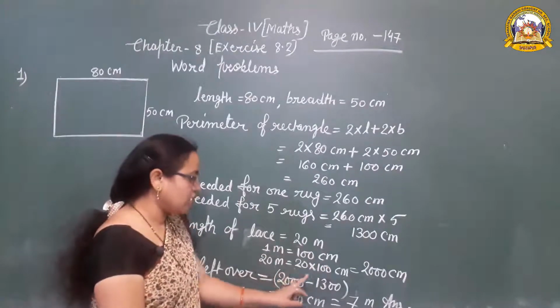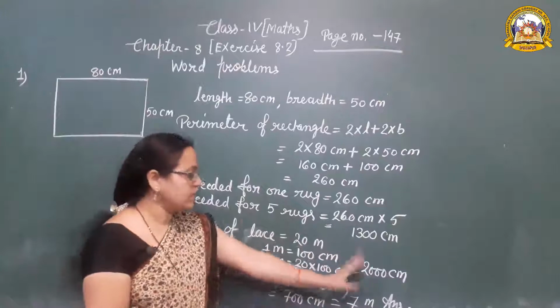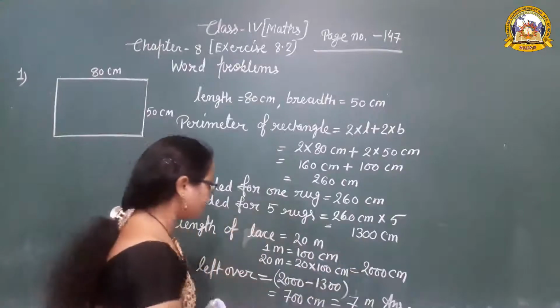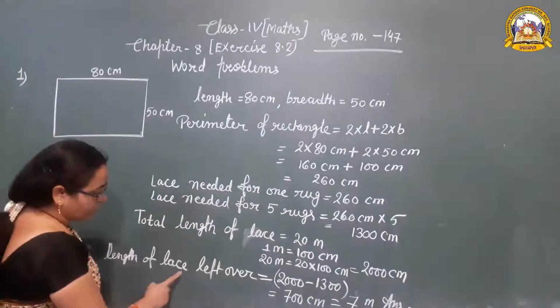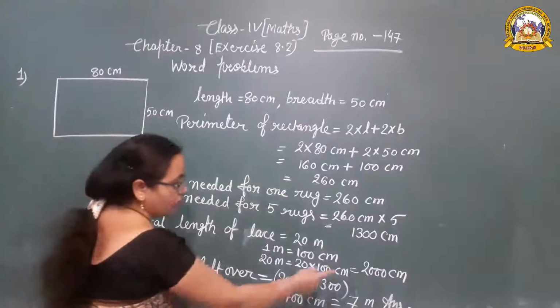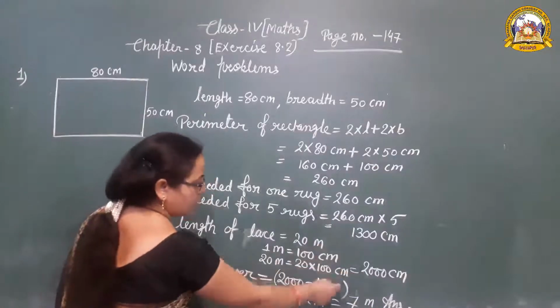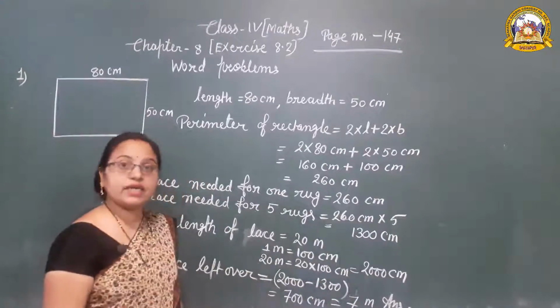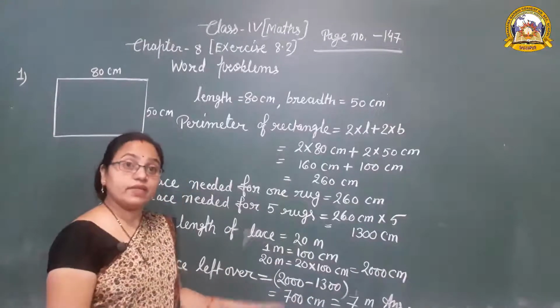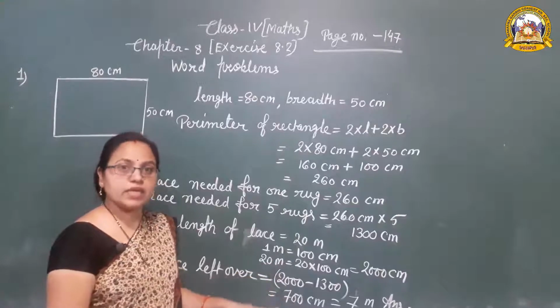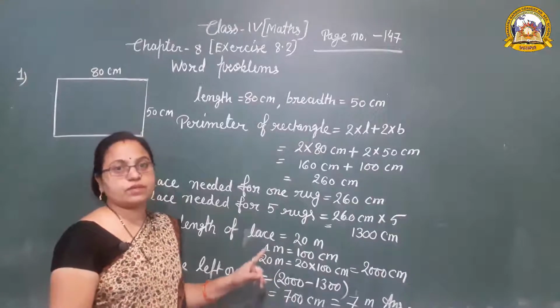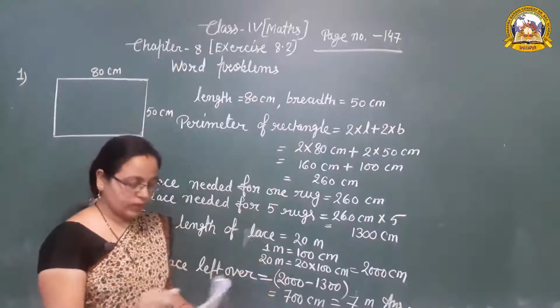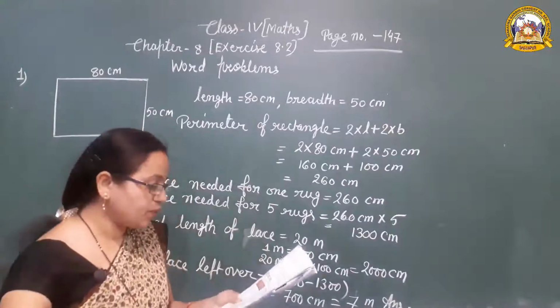So 20 meter is equal to 20 multiply 100, which means 2000 centimeter. Now the length of the lace left over is equal to 2000 minus 1300. So we get 700 centimeter. 700 centimeter means 7 meter. That's the answer.